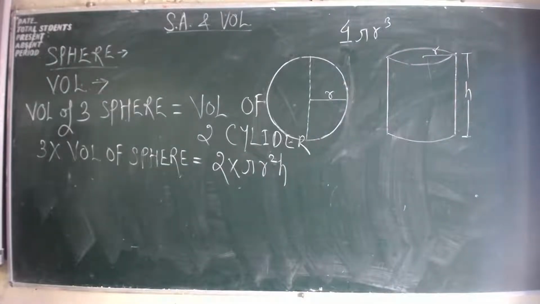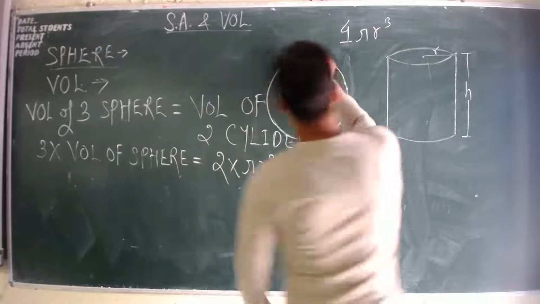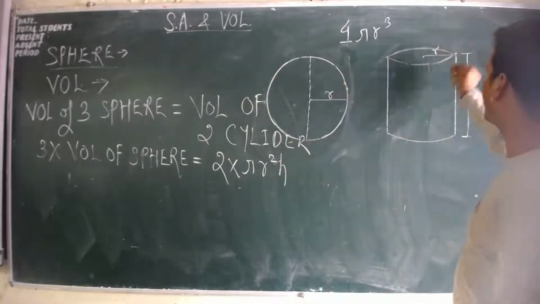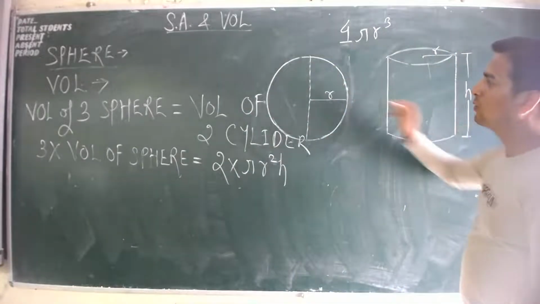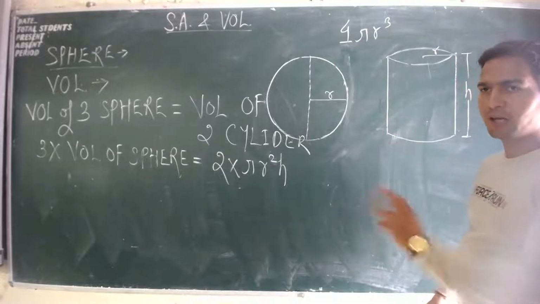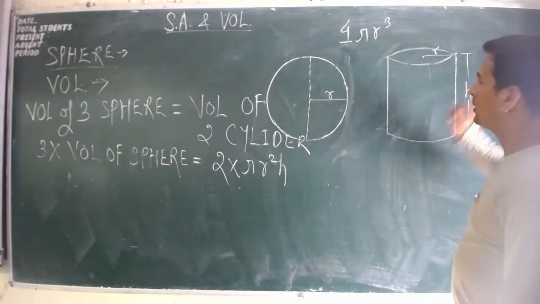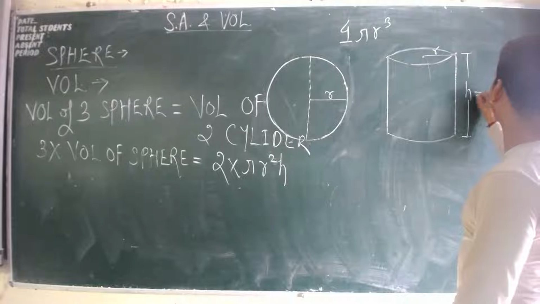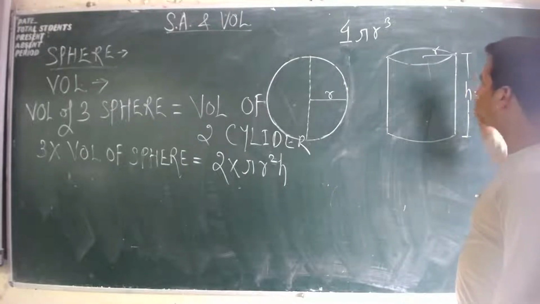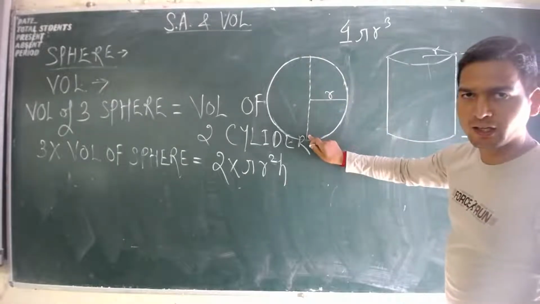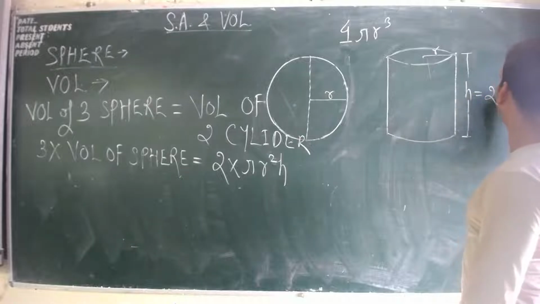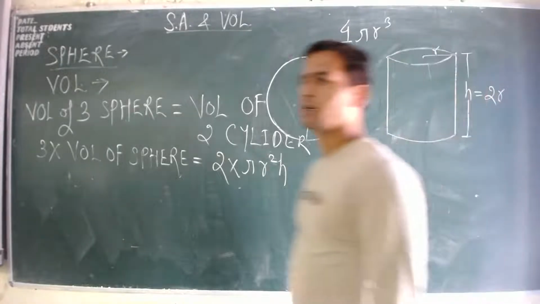Clear? Now, look here. I told you the height of the sphere and the height of the cylinder is the same. So the height of the sphere is the diameter, and diameter means twice of r. So h will be equal to the diameter of the sphere, and the diameter of the sphere is twice the radius.